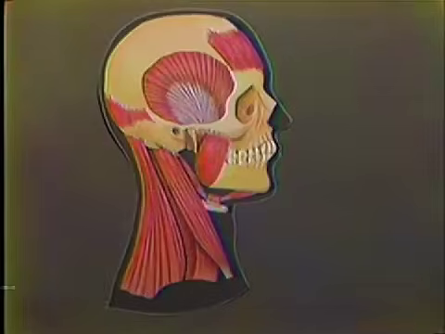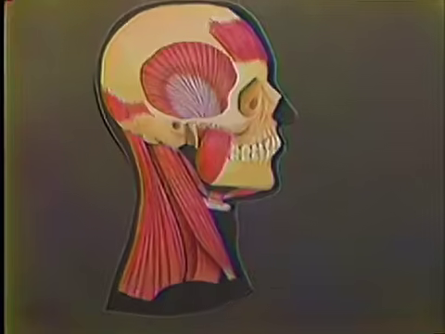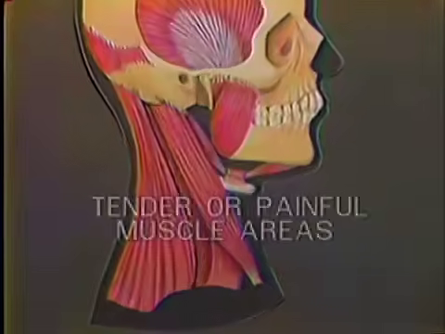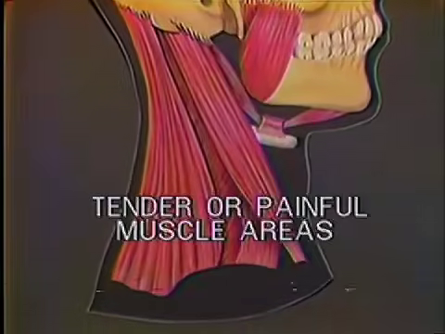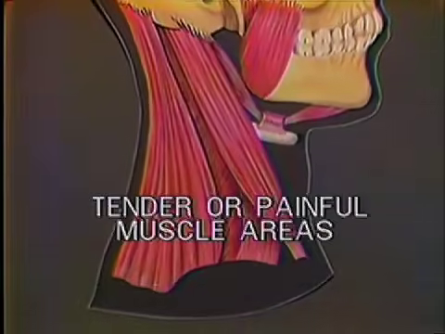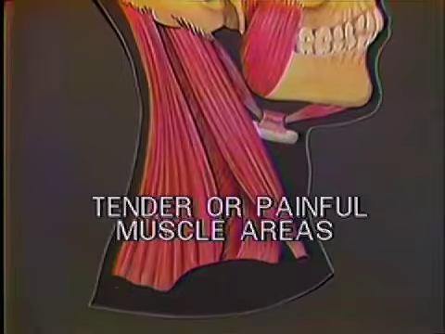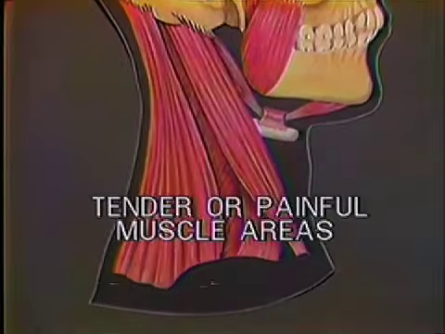Secondly, palpation of the shoulder and neck region is important in detecting tender or painful muscle areas which may affect positioning of the head and mandible, thereby indirectly influencing the function of the masticatory system.